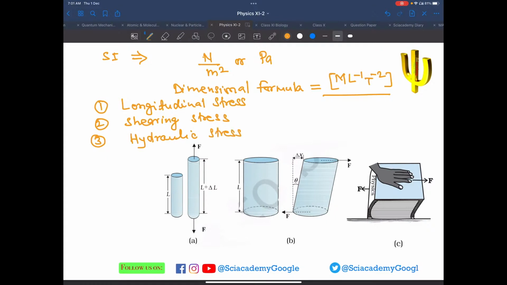So we will first understand one by one these three stresses: longitudinal stress, shearing stress, and hydraulic stress.